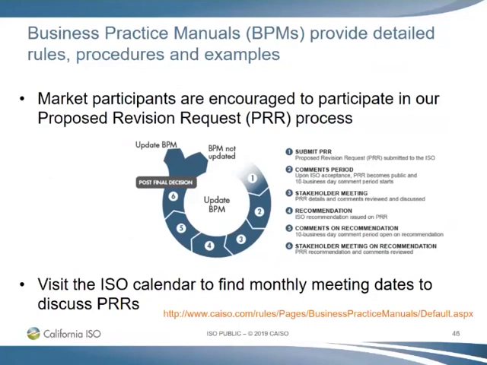The process begins when the ISO or a stakeholder submits a web-based proposed revision request, or PRR. After an ISO review, PRRs are posted to the website, which triggers a stakeholder review and comment period. ISO recommendations are discussed in monthly meetings with stakeholders prior to any changes being made.